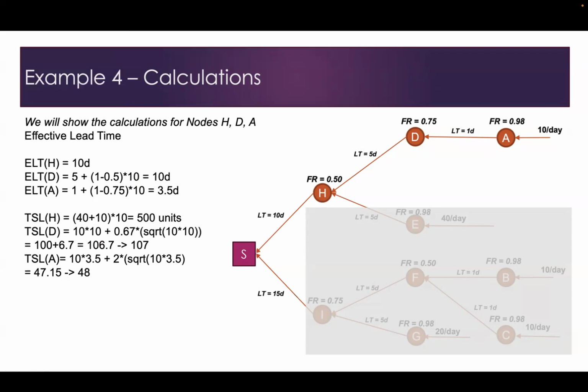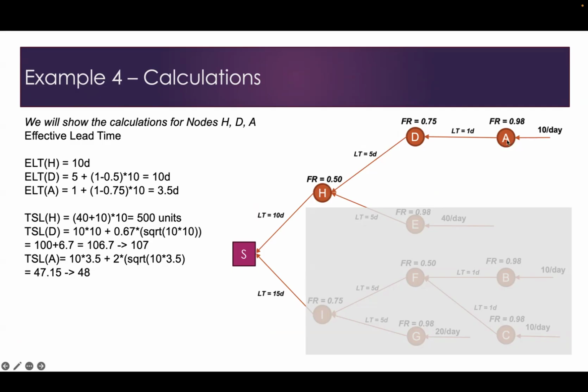Yes. Do we agree the effective lead time of D is 5, which is this lead time from that formula that we had, plus 1 minus fill rate times the effective lead time of H. Do we agree that that's also 10 days? Because it's 5, yes, this number, plus 1 minus fill rate.